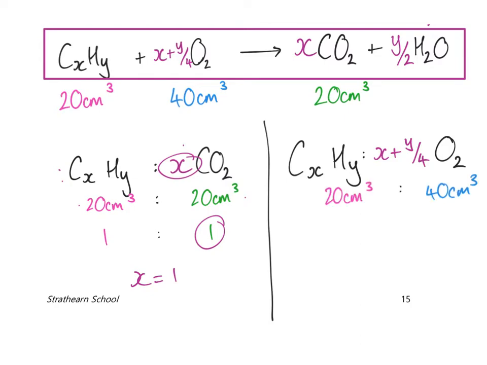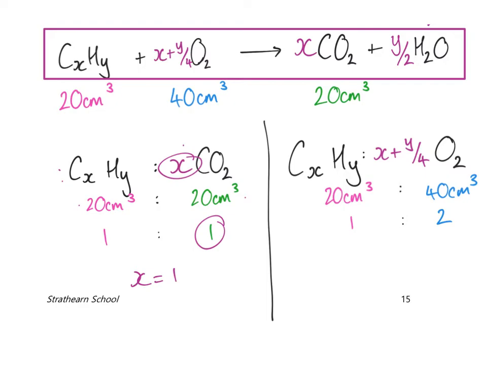We know that we use 20 centimetres cubed of our hydrocarbon and 40 centimetres cubed of oxygen. So that's the volume ratio. And we know that that's equivalent to the balancing number ratio, according to Gay-Lussac's law. So 20 to 40, just divide by your smallest number there, is the same as 1 to 2. So the ratio of our hydrocarbon to oxygen is 1 to 2.